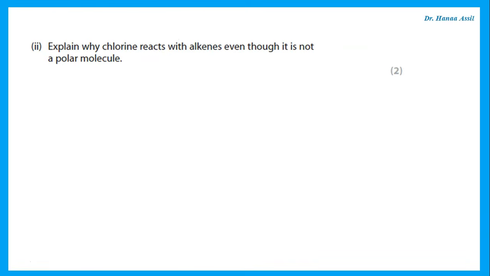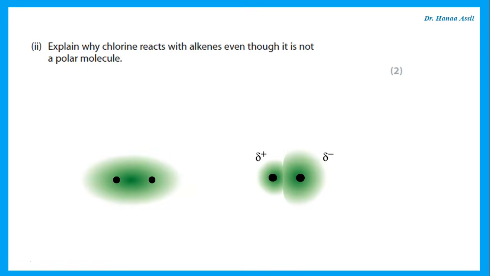Explain why chlorine reacts with alkenes even though it is not polar. So what happens is the chlorine standing on its own is not polar. But when we have a double bond with electrons in it coming close to the chlorine molecule, this causes what we call induced dipoles.